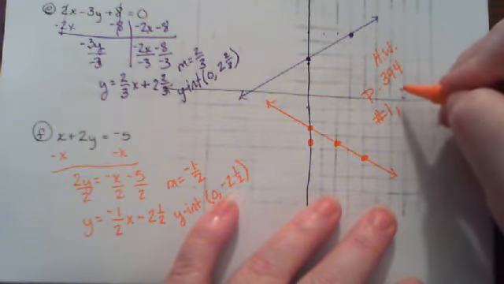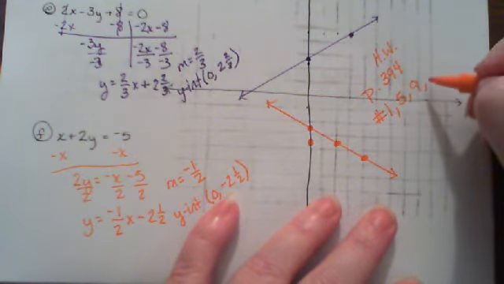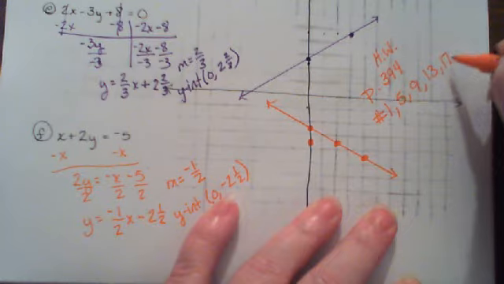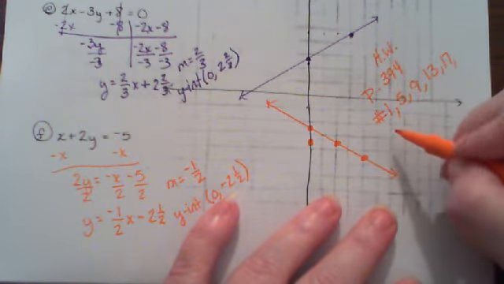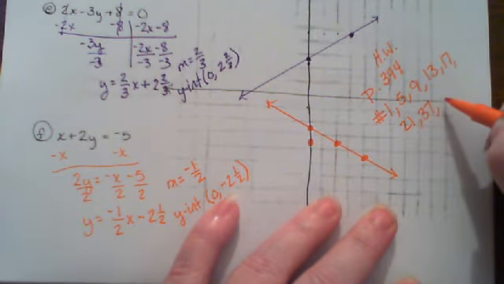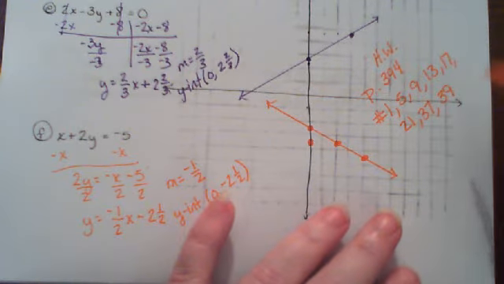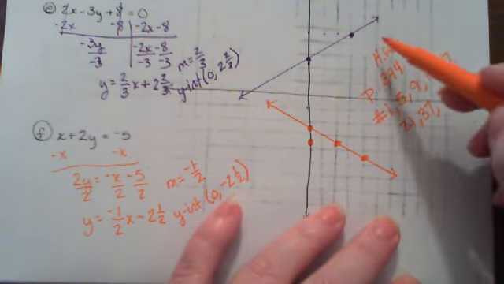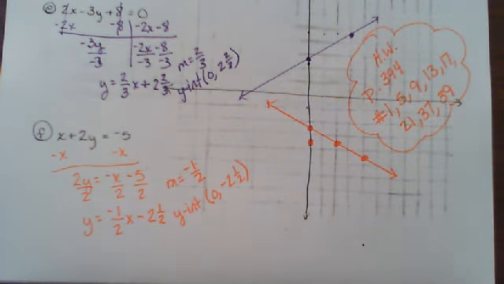Numbers 1, 5, 9, 13, 17, 21, 37, and 39. That's your homework for tonight.